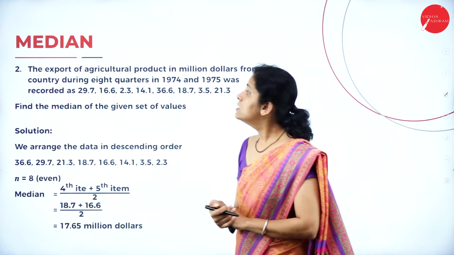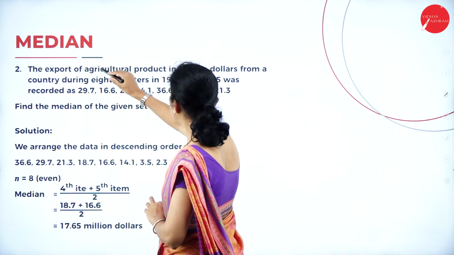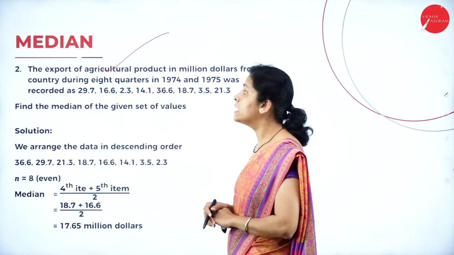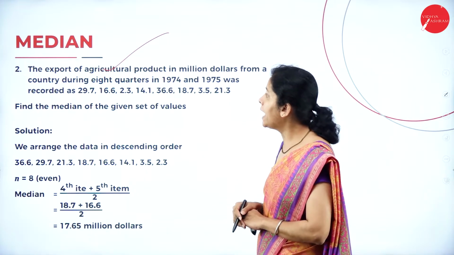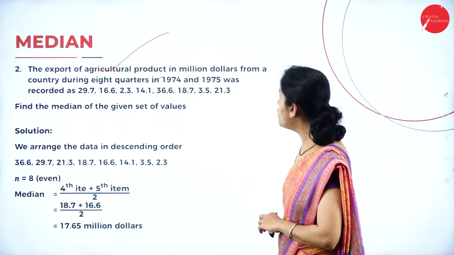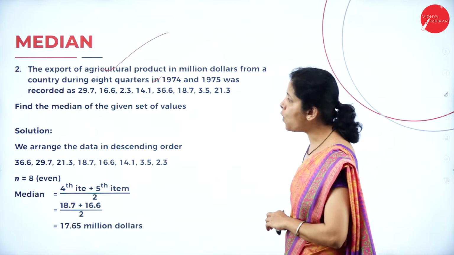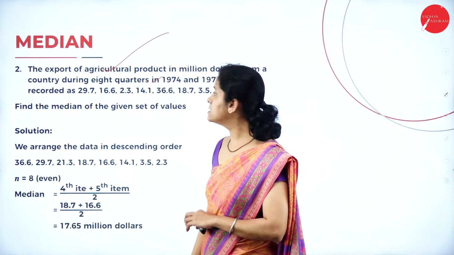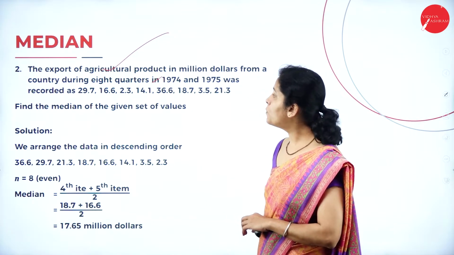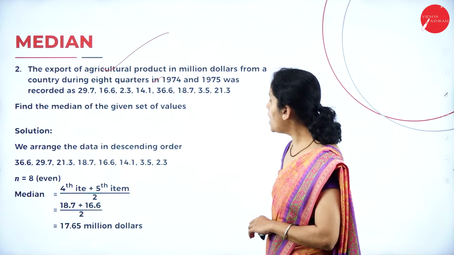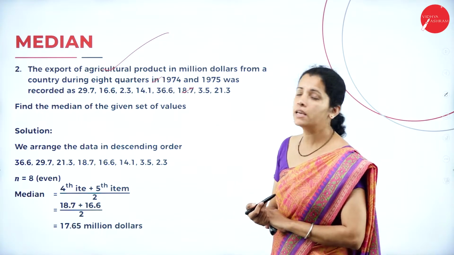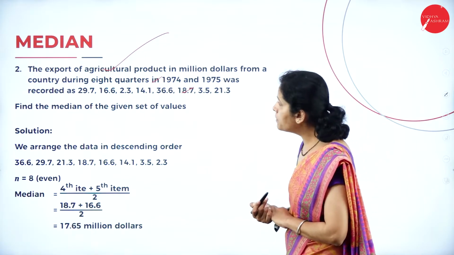Here the export of agriculture product in $1 million from the country during 8 quarters in 1974 and 1975 was recorded as 29.7, 16.6, 2.3, 14.1, 36.6, 18.7, 3.5, 21.3.